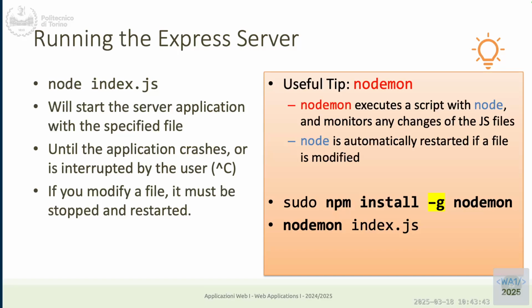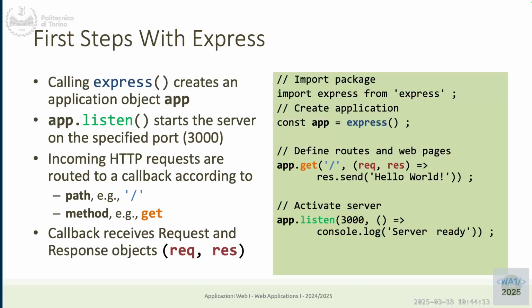So it's easy, because when you save a file, it will restart the application. It saves you the hassle of forgetting to stop it and continuing to debug the older version because you changed the file but didn't restart the application. But it's just a tip, okay? So if you install Nodemon globally, not just in this project but at the system level, with the -g option of npm install, and then use Nodemon instead of Node, it will do this for you, but just a tip.